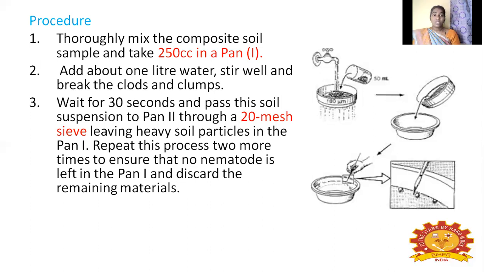By this process the heavy material, clots or big material will remain in pan 1 itself. To ensure no nematode is left in pan 1, this process is done again at least 2 to 3 times, and then the remaining matter in pan 1 can be discarded.